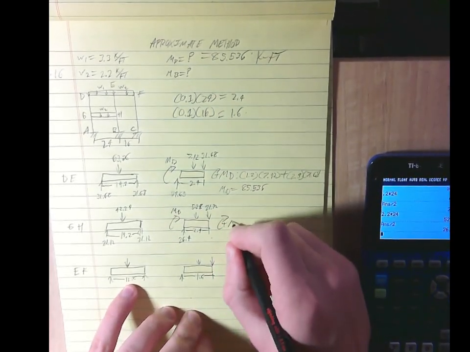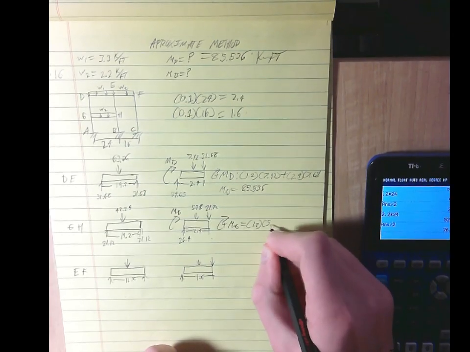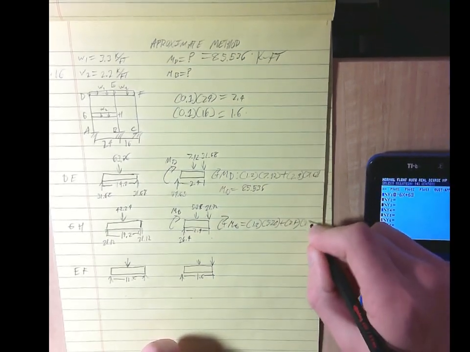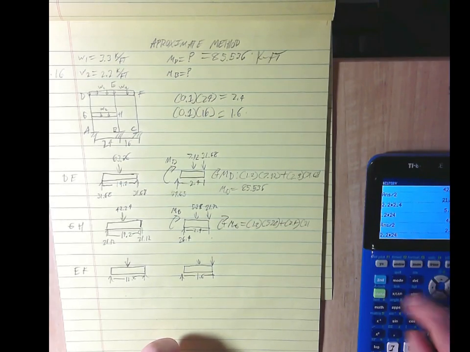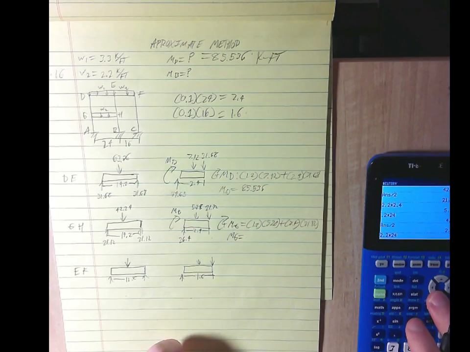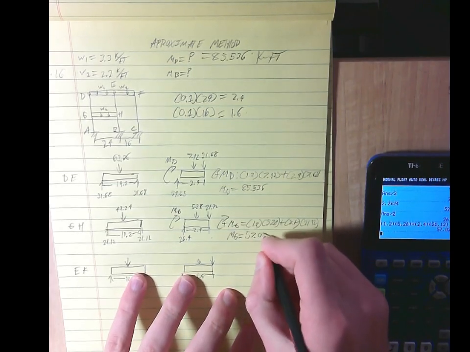So now MG is going to equal 1.2 times 5.28 plus 2.4 times 21 point, was it 72? 12. MG equals 57.024.